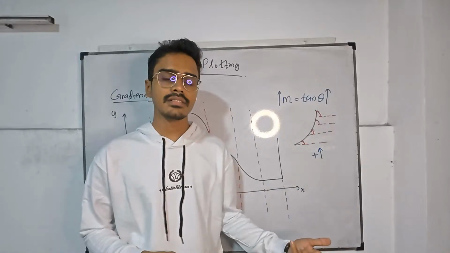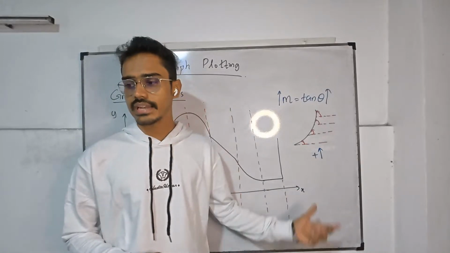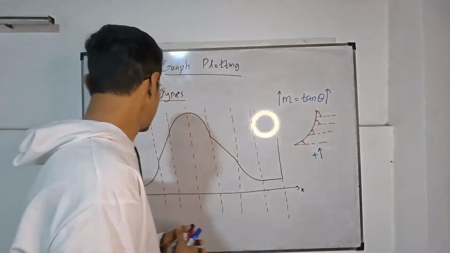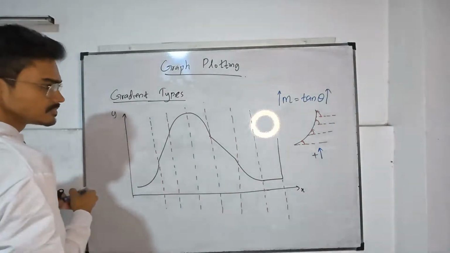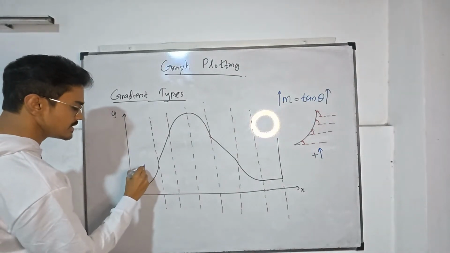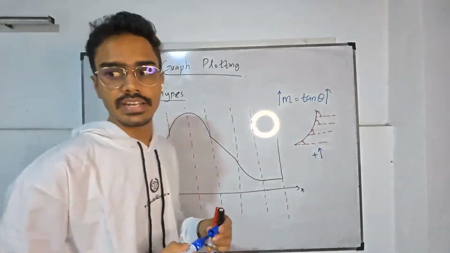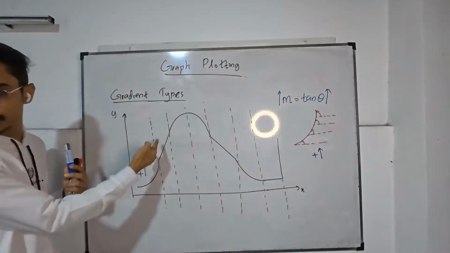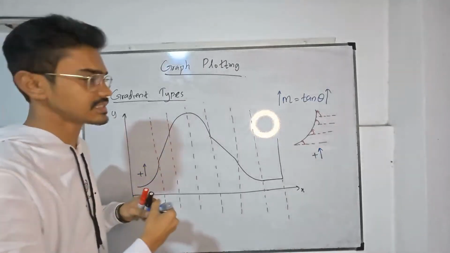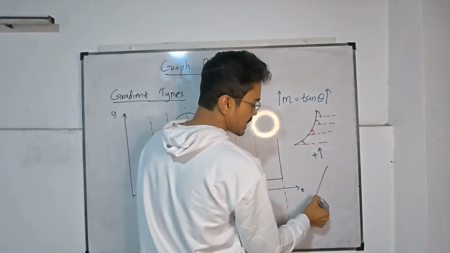So that is how we check on gradients, right? So this is a positively increasing gradient. Now, if we check the same for the second curve here, the curve is like this.